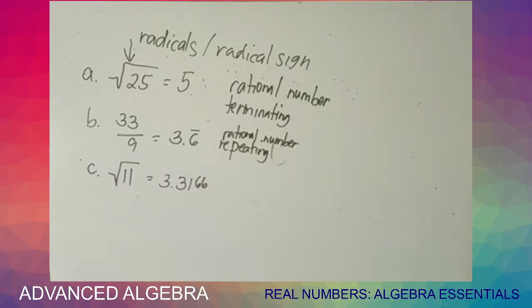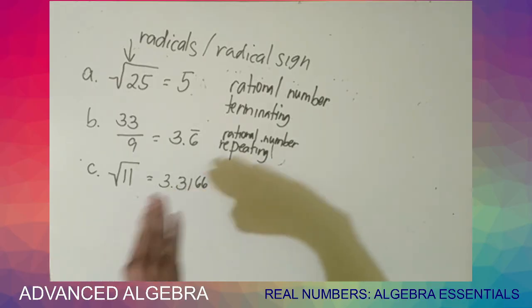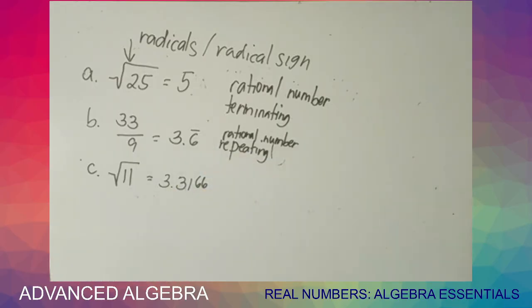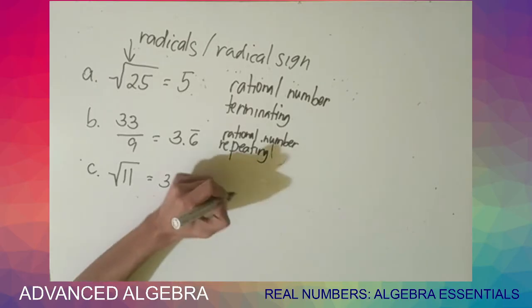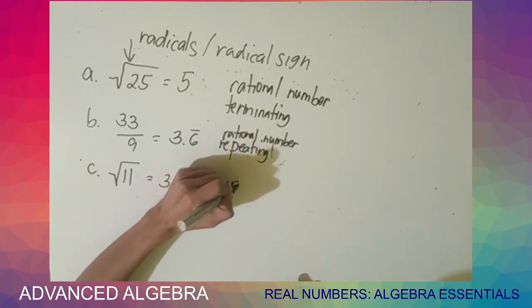Kung i-observe nyo sa calculator yung sagot na kinonvert natin as decimal, si square root of 11, mapapansin nyo hindi siya repeating. Wala tayong pattern, then hindi din siya tumitigil. So, ibig sabihin, it is an irrational number.